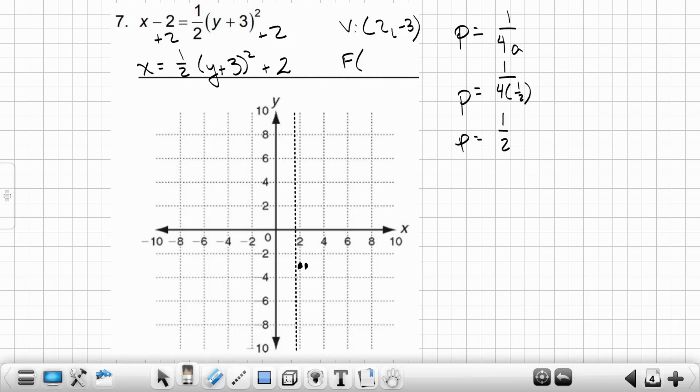So somebody tell me, what is the coordinate of my focus? It's half away from the vertex. Aaron? (2.5, -3).